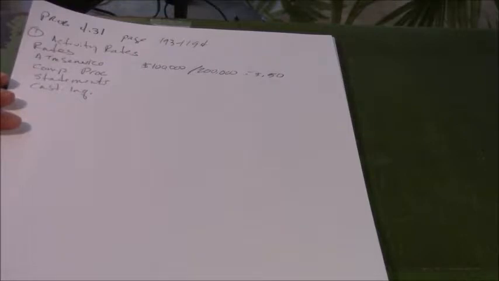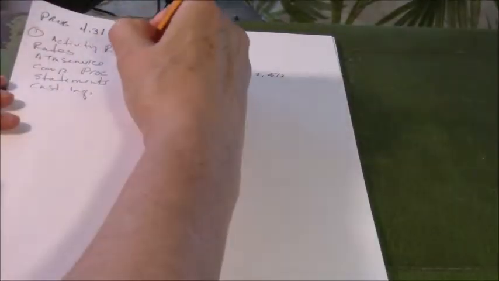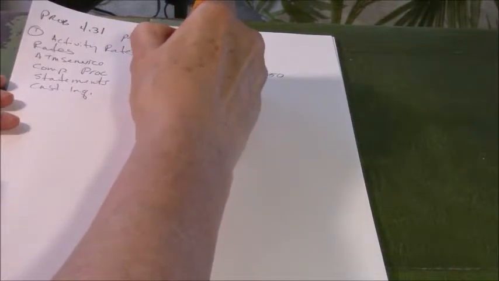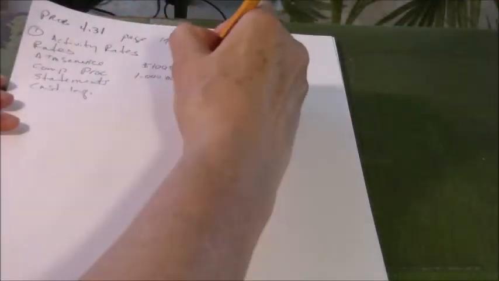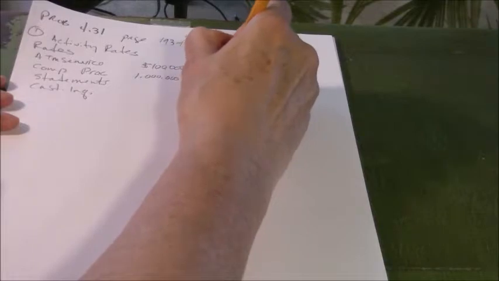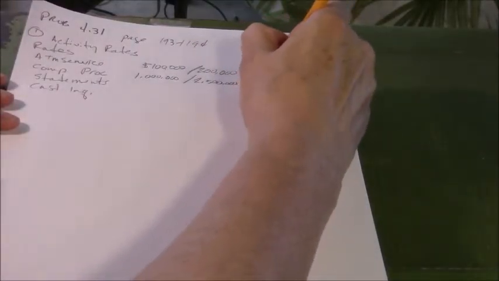For computer processing, we spend 1 million, and we do 2,500,000 transactions. So 1 million divided by 2.5 million is 40 cents per transaction.